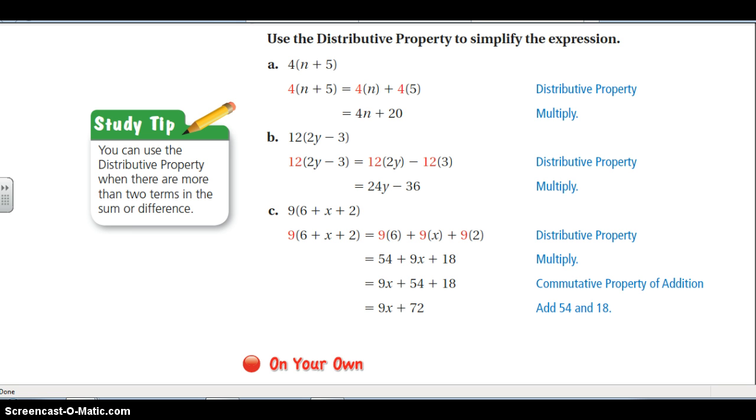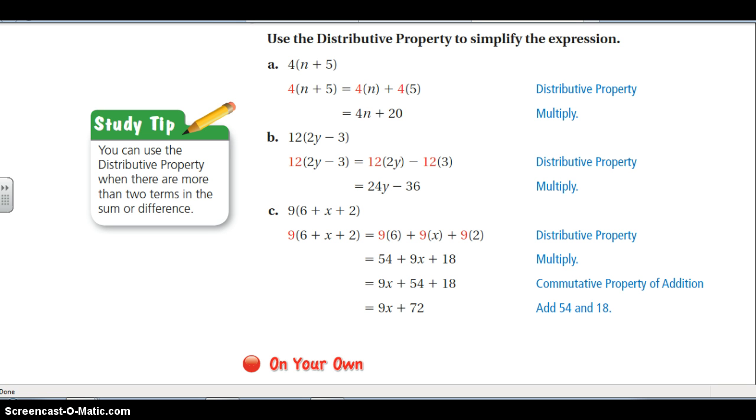Now let's look at C. Please write 9 times 6 plus x plus 2. That equals, using the distributive property, 9 times 6 in parentheses plus 9 times x plus 9 times 2.